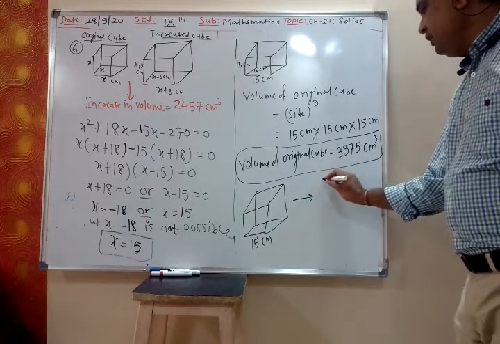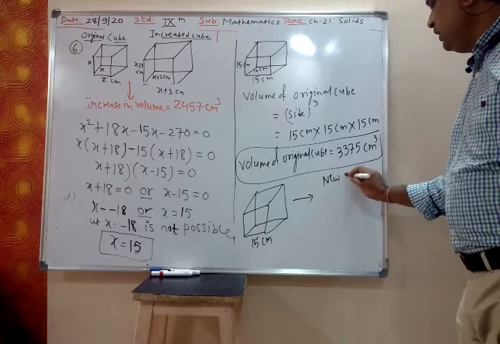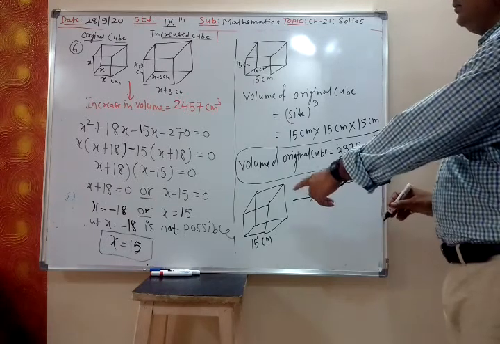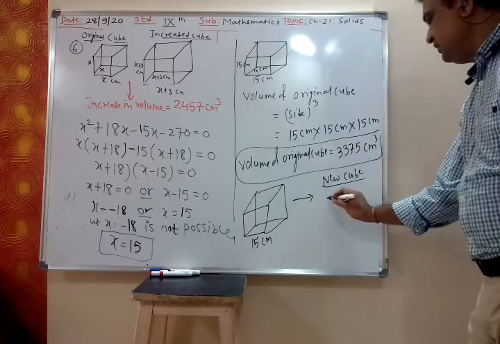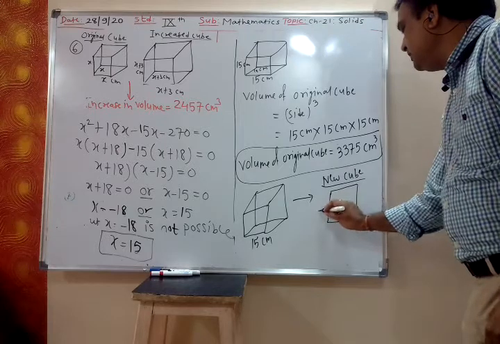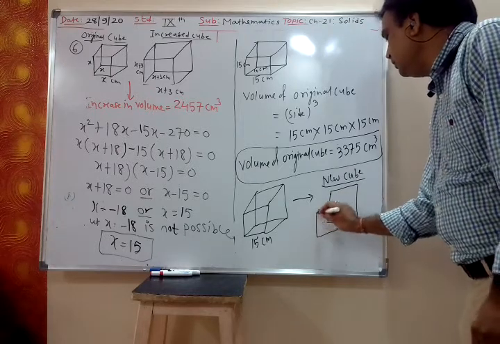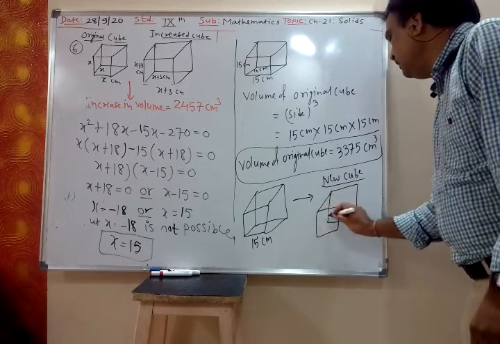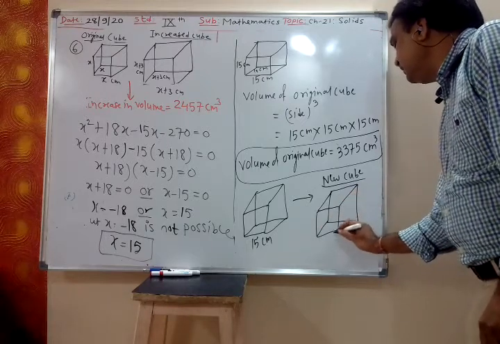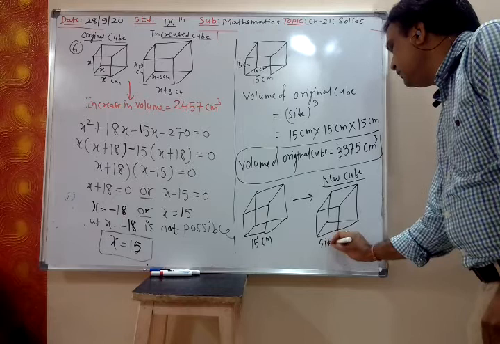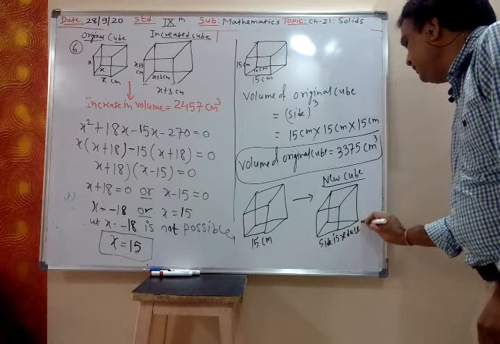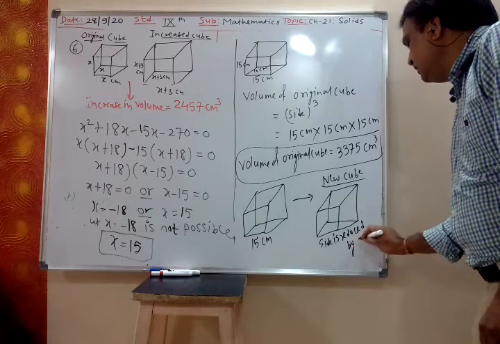Now we are having a new cube. When we reduce the side by 20%, we are reducing the side of this cube by 20%, we get the new cube. So side is reduced by 20%.